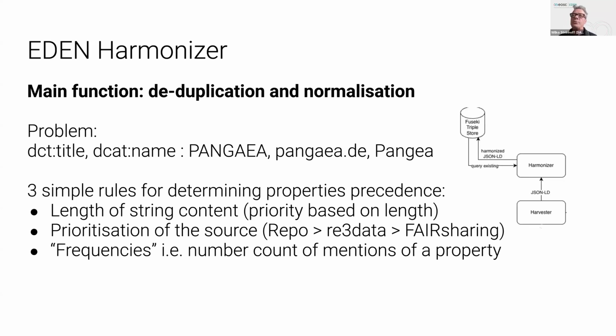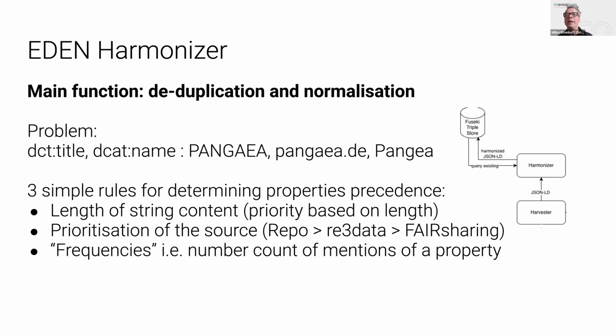Its value could be Pangea, or Pangea.de, or Pangea with a misspelling. The first problem can be solved by creating a mapping, saying the DC title is the same as the DCAT name, but multiple values are currently solved by three simple rules that determine their precedence.